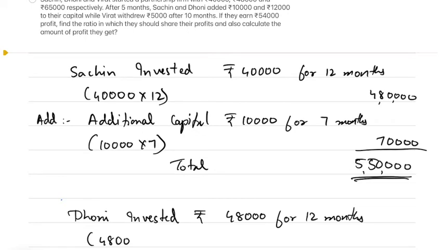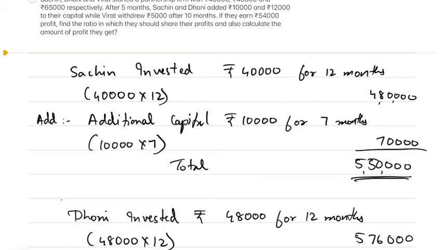So 48,000 into 12. 48,000 into 12 is 5,76,000. Okay. So 48,000 is invested for 12 months.